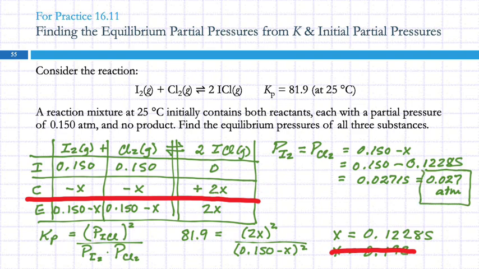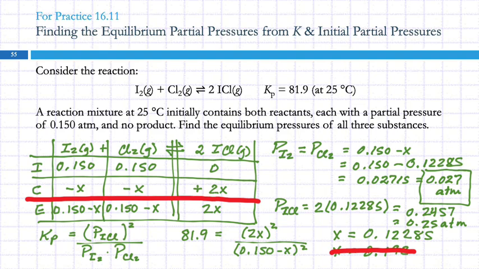And then the partial pressure of our product is 2 times x, which is 0.2457, and probably call that 0.25 atmospheres.